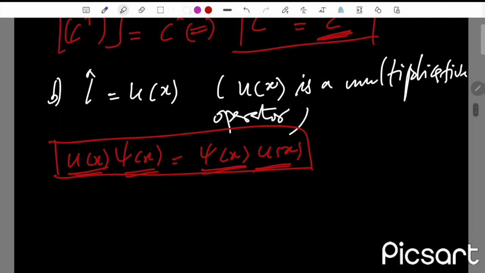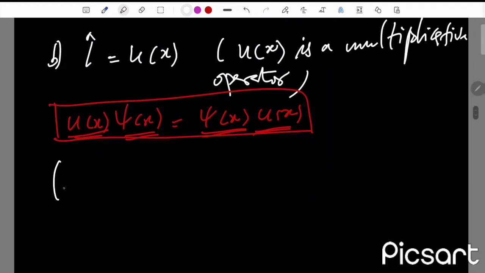Okay, now we can go on. Remember the definition. We have here u dagger acting on phi.